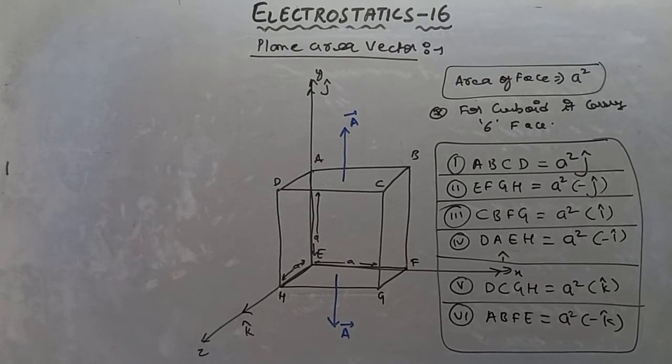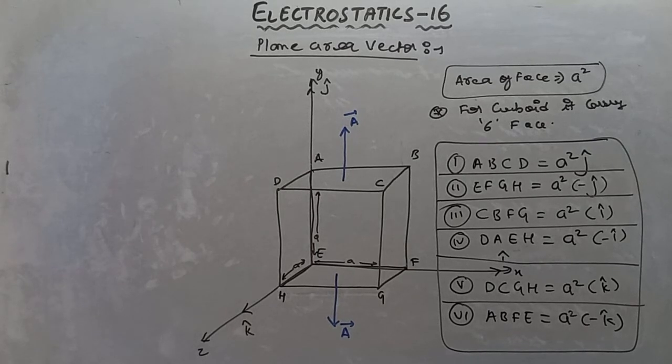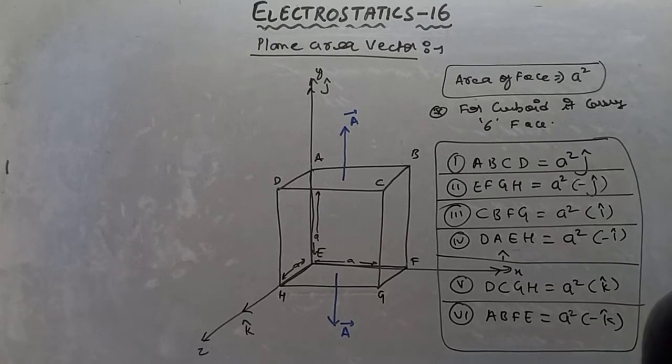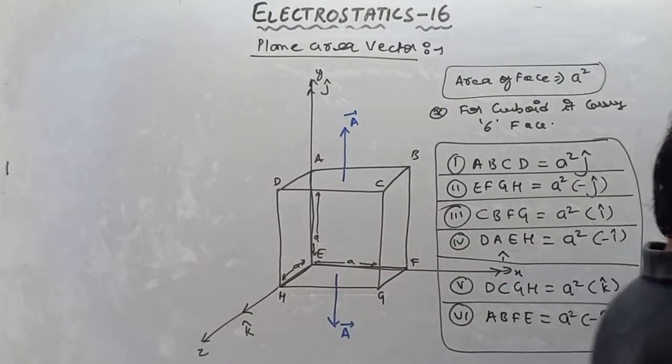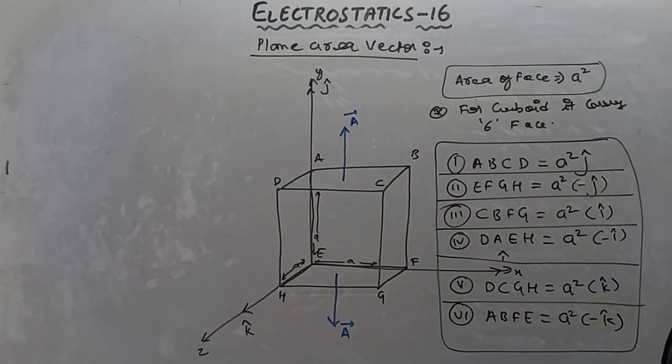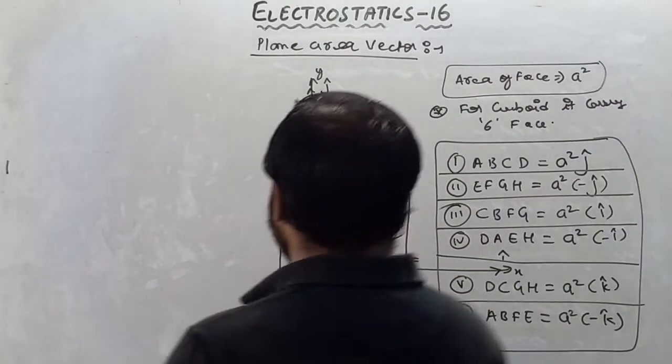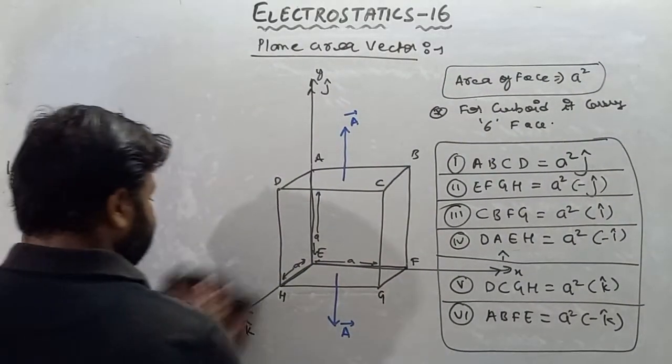Here we have a cuboid of side a, so the area will be a square, and the magnitude of area is a square, and for direction we'll use i cap, j cap and k cap. I hope you all understand how to make the area vector of any plane area.